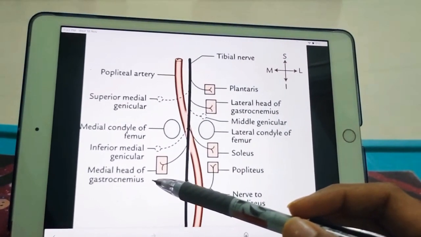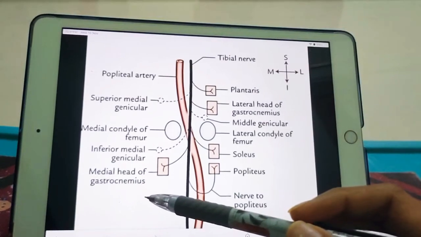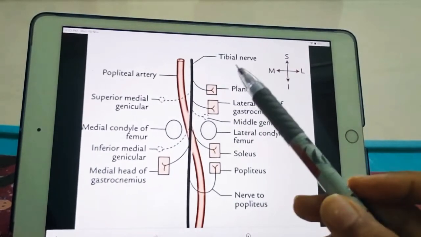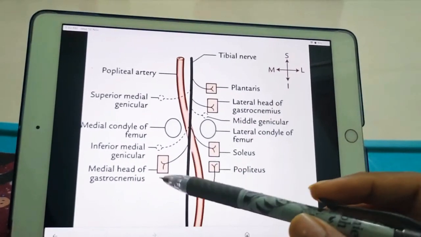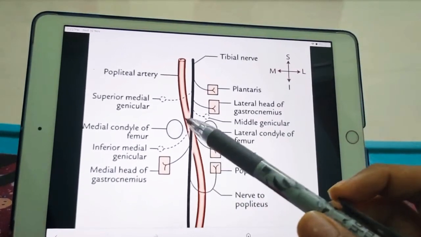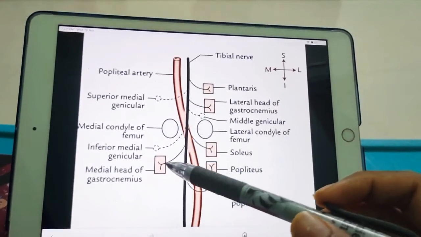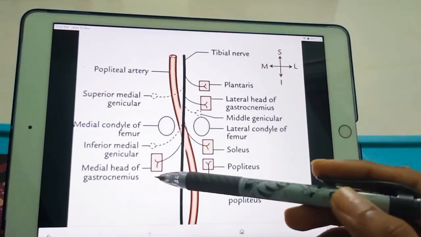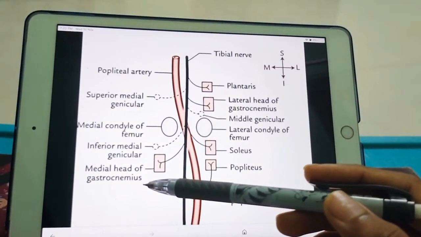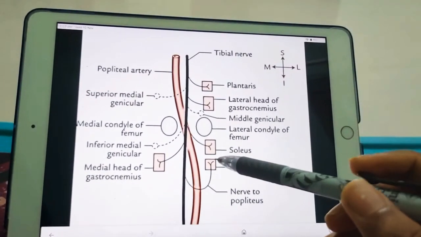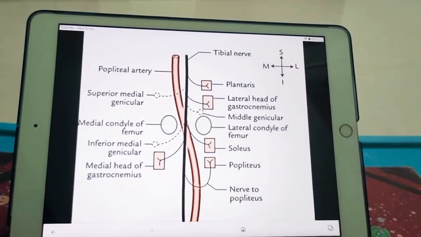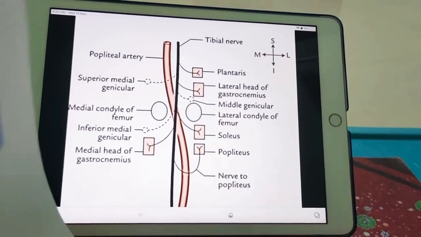So since the muscular branches except to the medial head of gastrocnemius arise from the lateral side, the medial side of the nerve is the safe side while operating. So this nerve usually does not get injured. As only one muscle is present, this medial side of the tibial nerve is best to operate when compared with the lateral side. So this is all about the tibial nerve and its different branches.